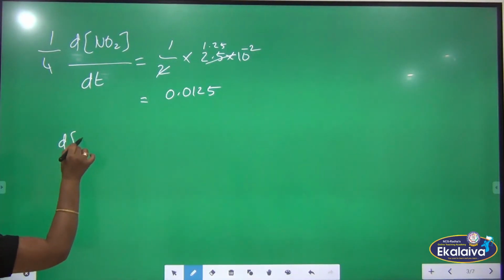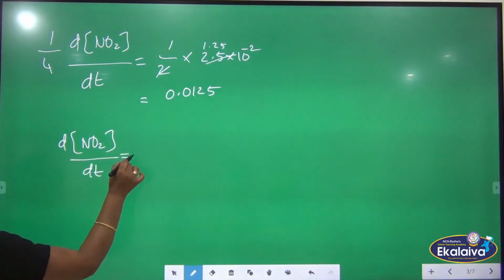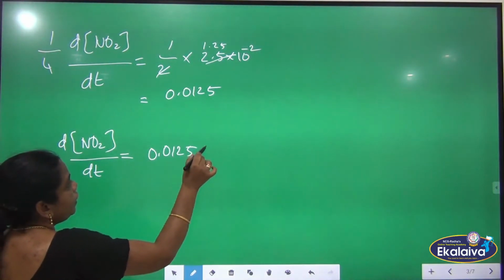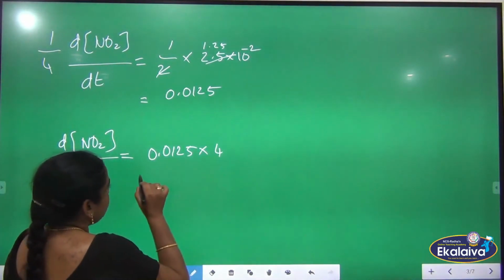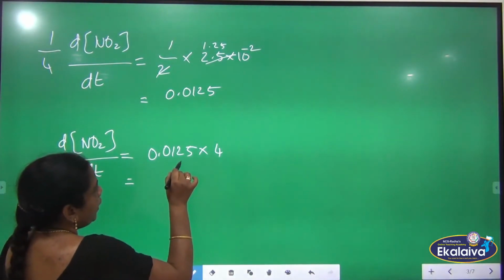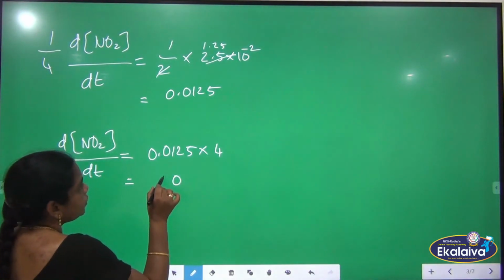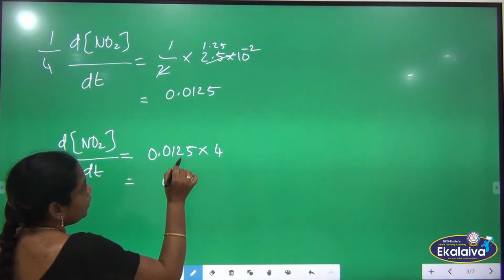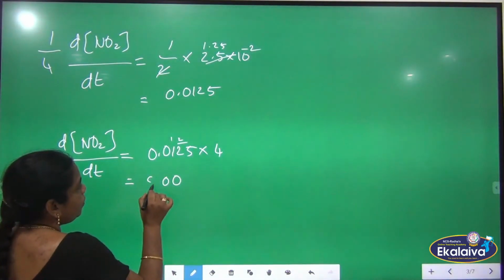The change in concentration of NO2 by dt equal to 0.0125 into 4. If you bring this 4 to this side and multiply, 5 4s are 20, 4 2s are 8, and so on.